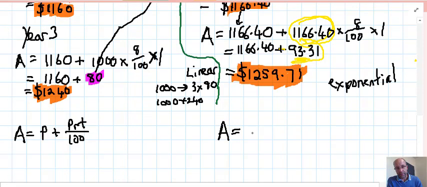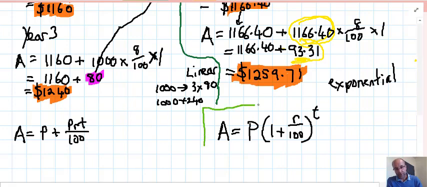We could summarize that, and to save time, basically we have P outside of 1 plus R over 100 raised to the power T, which is basically your compound interest formula in simple situations.